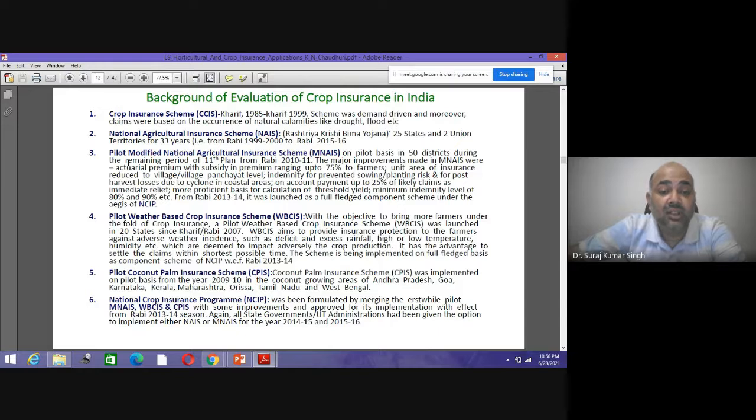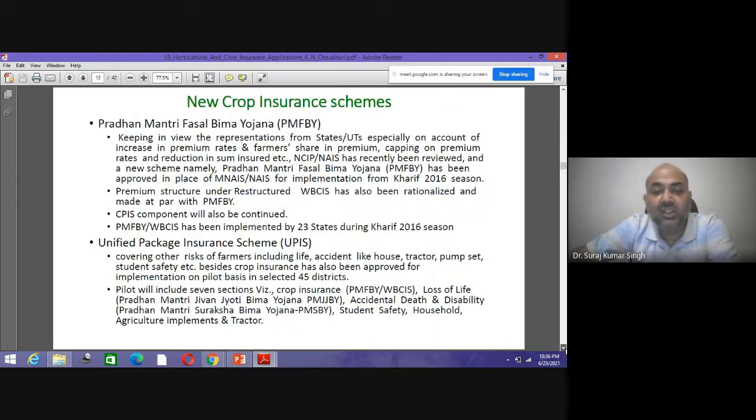Thereafter, the government of India created a pilot Modified National Agricultural Insurance Scheme in the 11th plan for the Rabi season, where major improvements were made in MNAIS, with actual premiums and subsidy in premium up to 75 percent to the farmers. So you can see the various pilots: weather-based crop insurance, coconut palm insurance, and the national crop insurance program were funded, and gradually the government of India has intensified those programs.